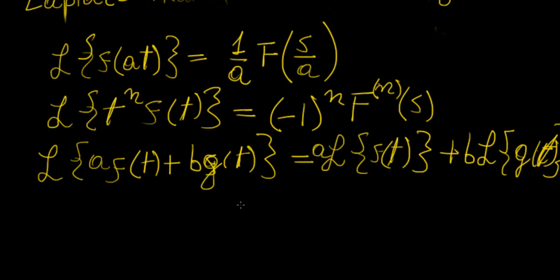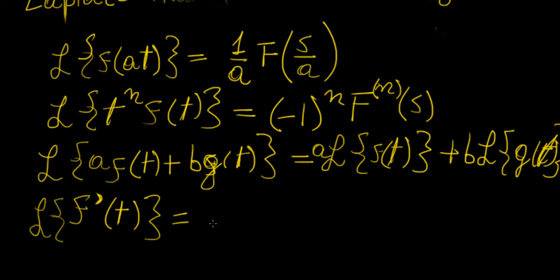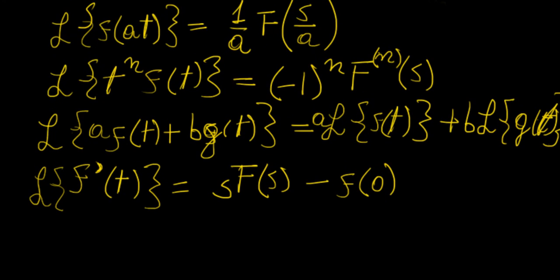The next two properties are part of a more general case: what happens when you take the Laplace transform of a derivative of a function. Let's say we have the Laplace transform of f prime of t. This is equal to s times the function of frequency F of s minus the function of time at time 0, so that is the initial value of the function. And then what about the second derivative?